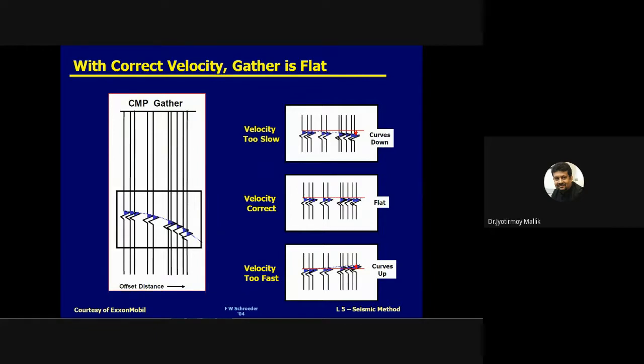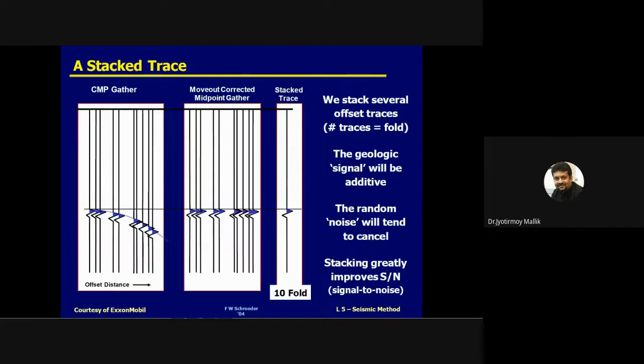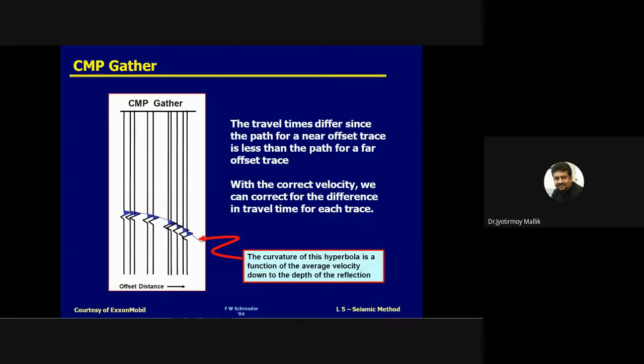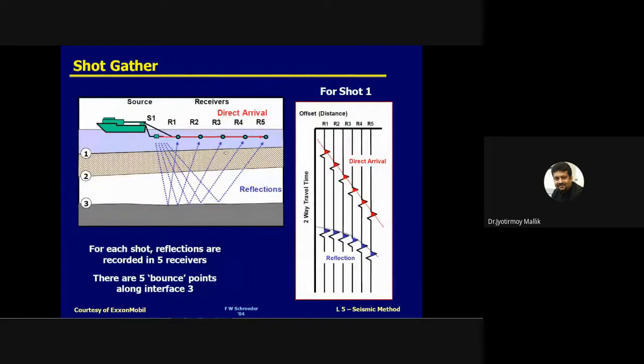Now remember, they are representing the same point. So I will put all these traces together, because they are representing the same point. Then I will finally find a wiggle which is of 10-fold. This is what we call fold.